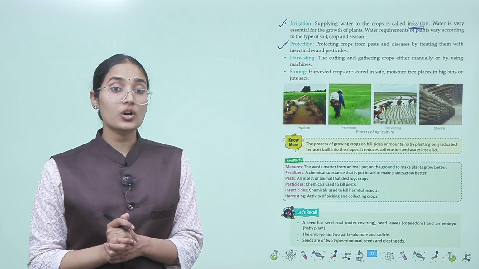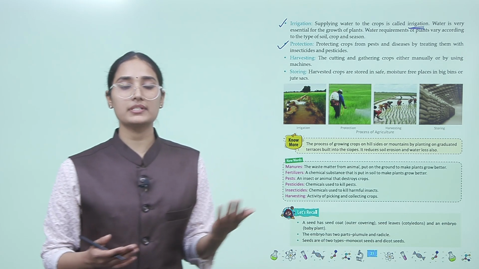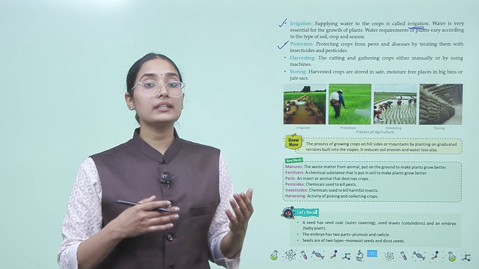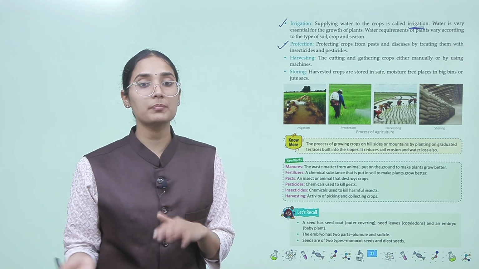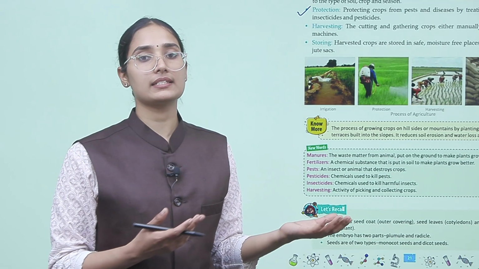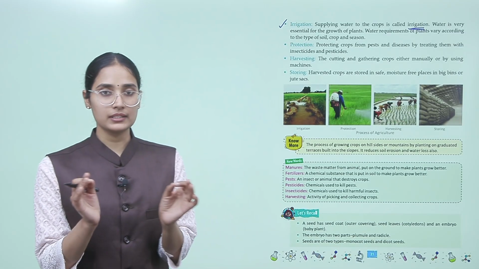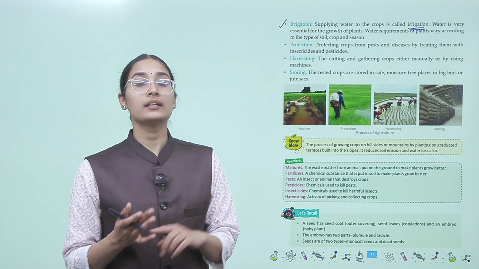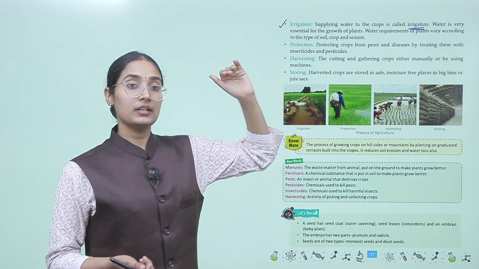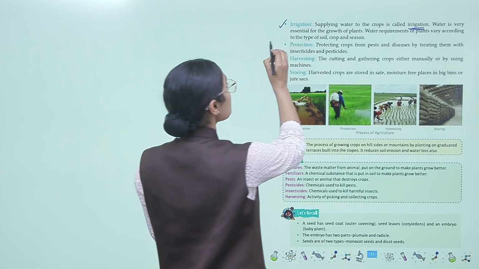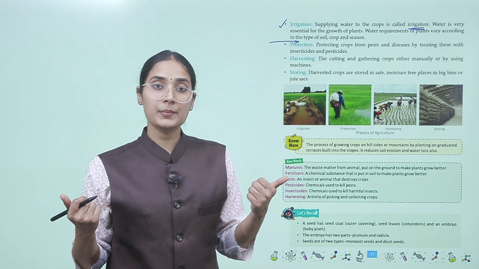Next is protection. Protecting crops from pests and diseases by treating them with insecticides and pesticides. There might be some chances that the crop gets eaten up by the pests or gets diseased. After supplying the water to the plants, and with air and sunlight automatically there in the environment, up till this step, can you see that we have provided the right environment to the soil?